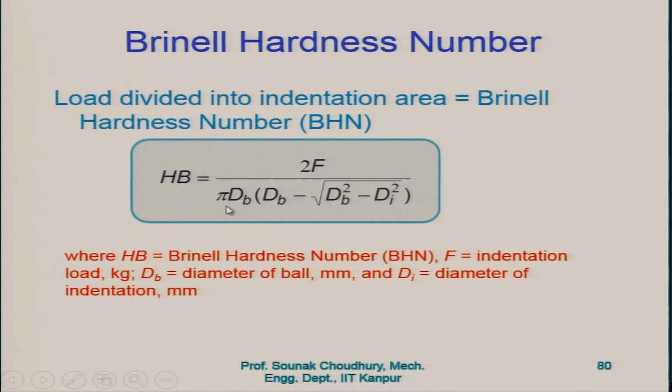So, pi into dB, where dB is the diameter of the ball and di is the diameter of the indentation as we have shown. So, this will be 2F divided by pi into dB minus the root of dB square minus di square. This is the value given for that particular material.